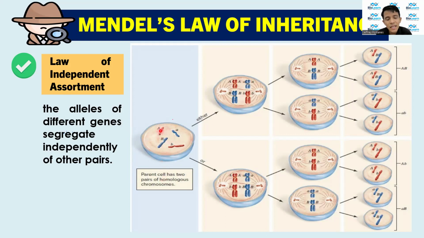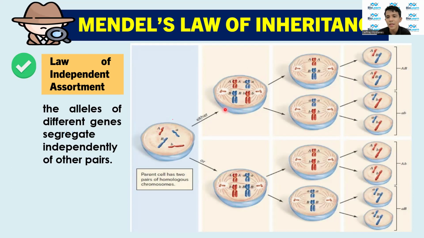Let's say you have here allele A and B, no? Let's say the red one came from your mother and the blue one came from your father, no? So what are the possible combinations of genes that you may get? Look at the alignment here. That may look like this or it may look like that.